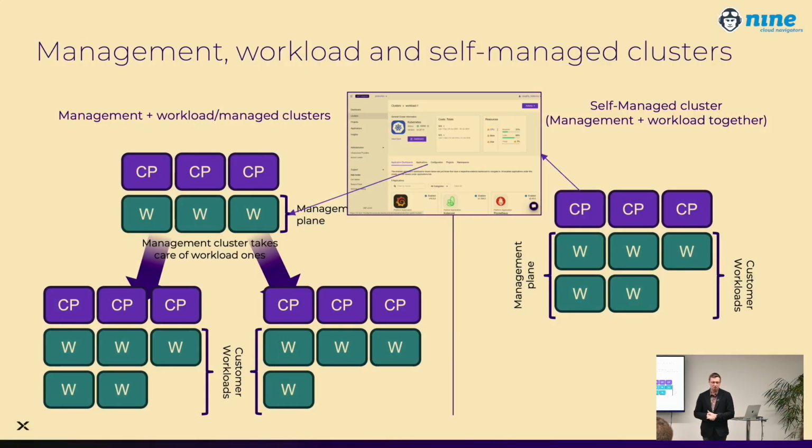If you look at your workload, and probably some of you already have Kubernetes or container environments available, I can either have a management cluster, whose control plane controls my workload clusters, or I can have a self-managed cluster. What's the plus and the minus of that? If I run with that and it fails, my infrastructure will be gone.